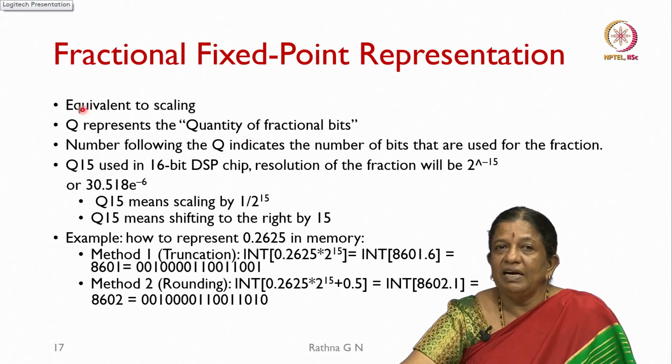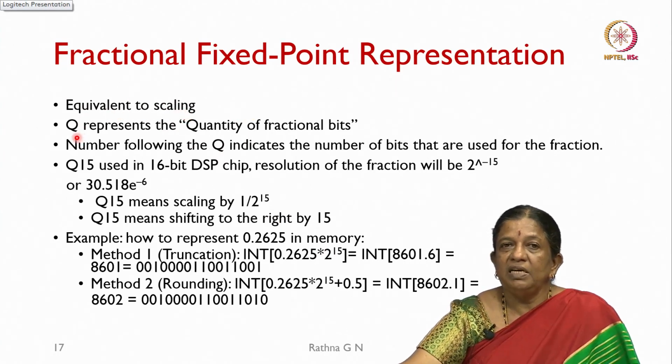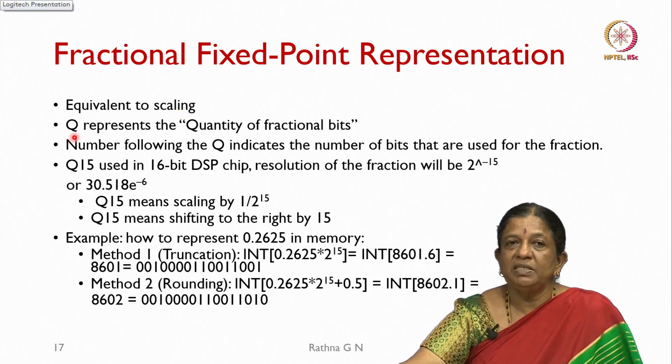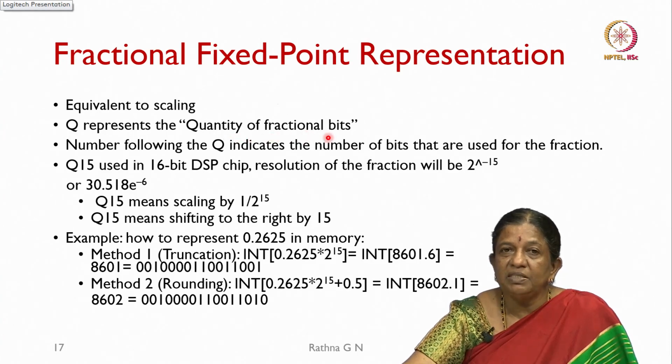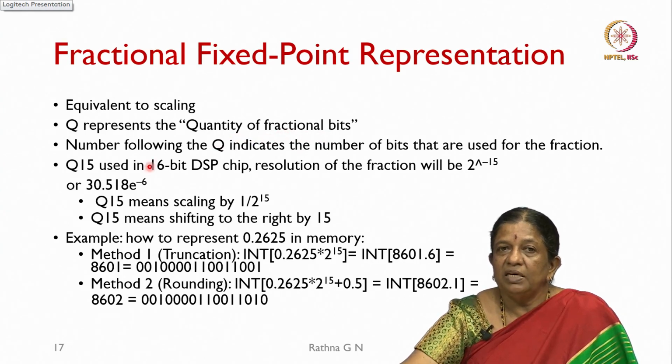So, it is what we call equivalent to scaling, and usually the fractional number representation is going to be represented in Q format. So, what does that Q represent? It is the quantity of fractional bits I will be using in my implementation. The number following the Q indicates the number of bits that are used for the fractional representation.